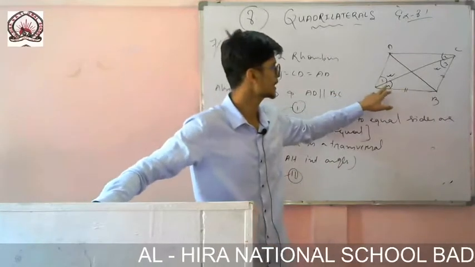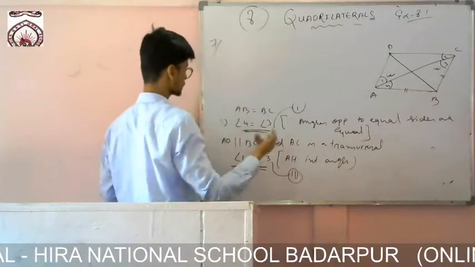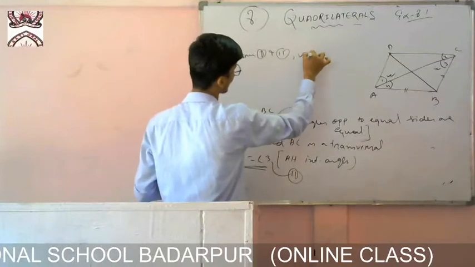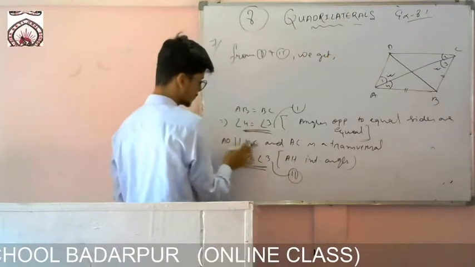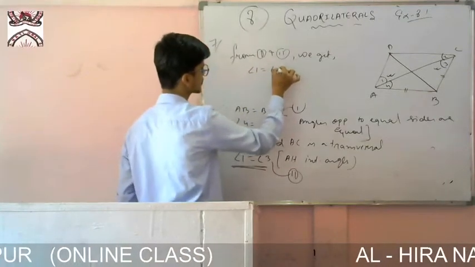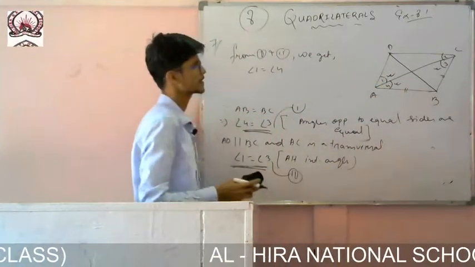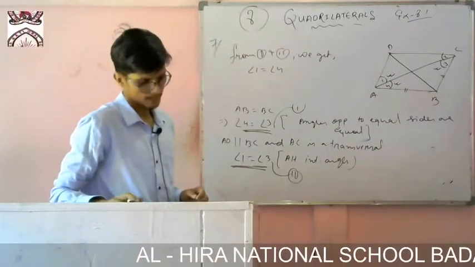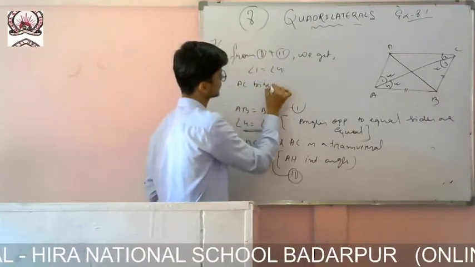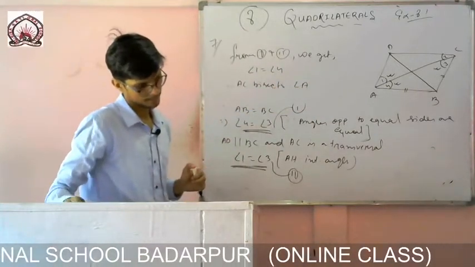From 1 and 2, taking angle 3 common, angle 1 equals angle 4. If angle 1 is equal to angle 4, that means this line AC bisects angle A. Therefore AC bisects angle A.